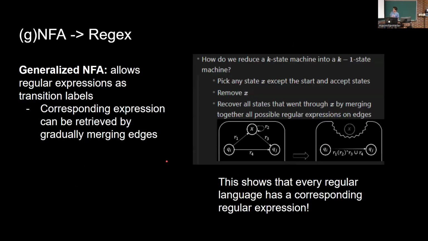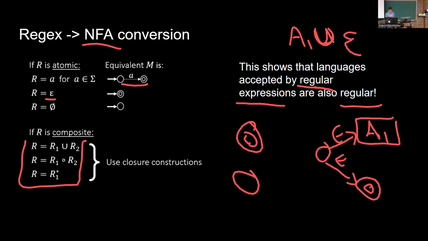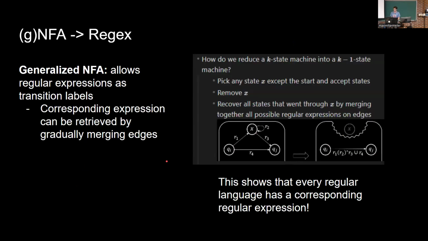And then we can do this the other way around as well. If we have an NFA, we can convert whatever it represents into a regular expression. We prove this by defining a generalized NFA, which allows regular expressions as transition labels. So for example, here you can have a label that's this, instead of just one value.